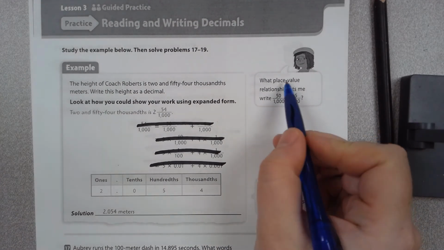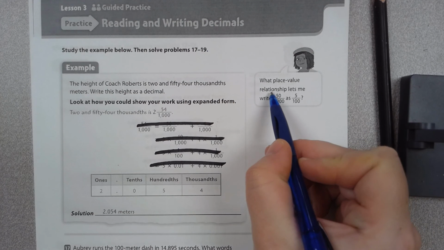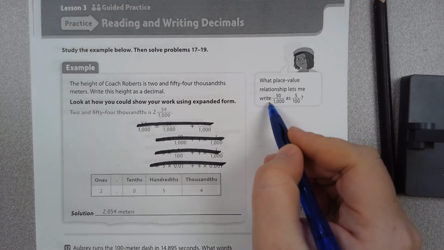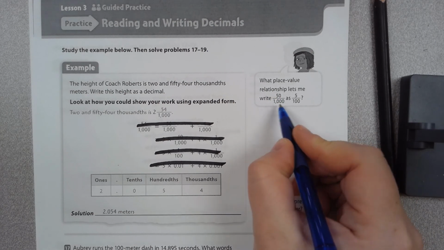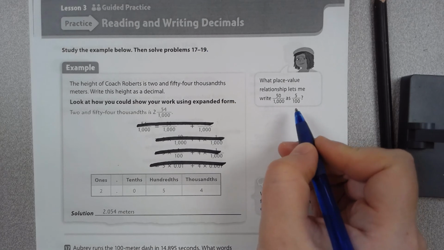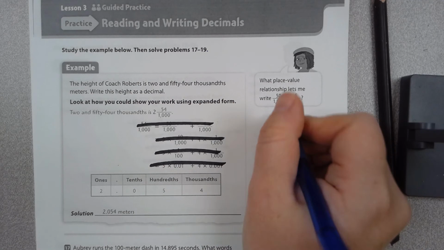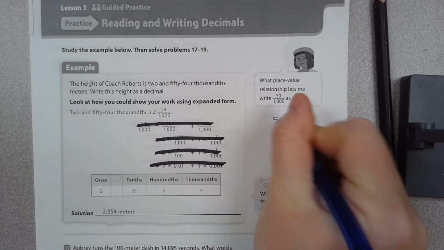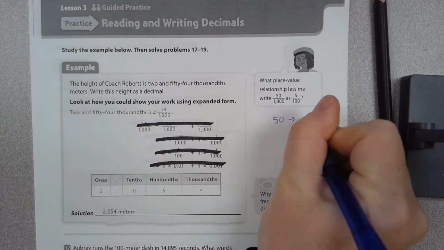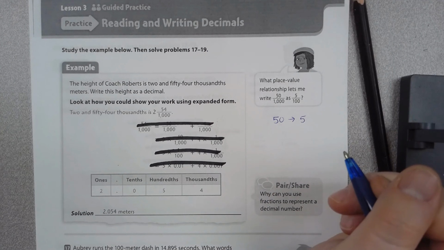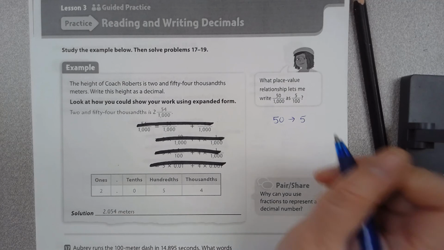It's right over here. It says, what is the place value relationship that lets me write 50 over 1,000 as 5 over 100? Basically, what is the relationship here? If you look right here, what is the relationship between the 50 and the 5? We talked about this last week.